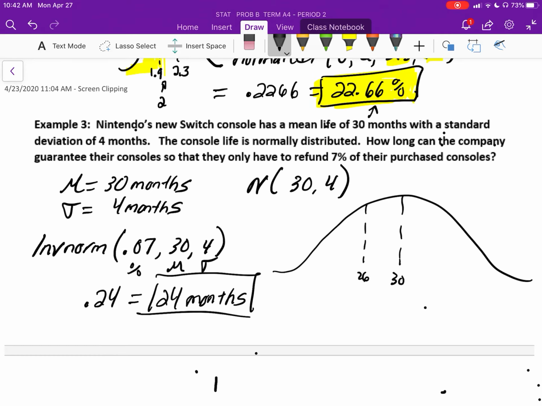And if I move over 2 standard deviations, that's going to be at 24. And the distance here, if we look at that in our up to 2 standard deviations, is actually 2.5%. So that area up to there, this is 22, sorry, is 2.5%. So 24 is what we solve for.